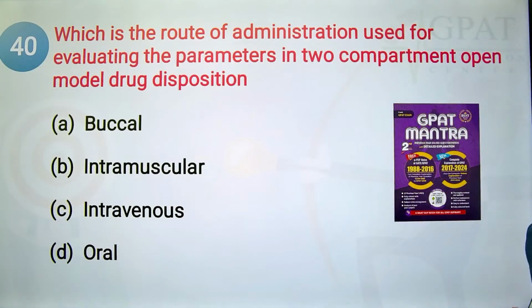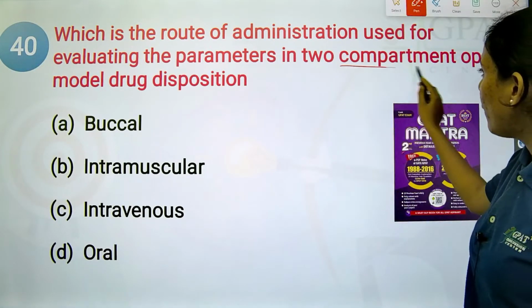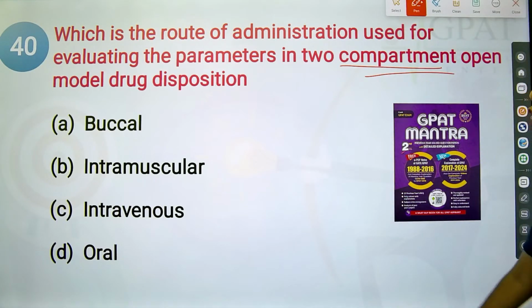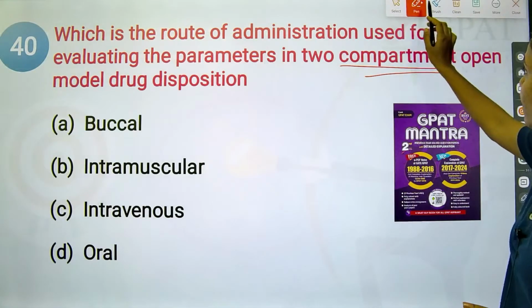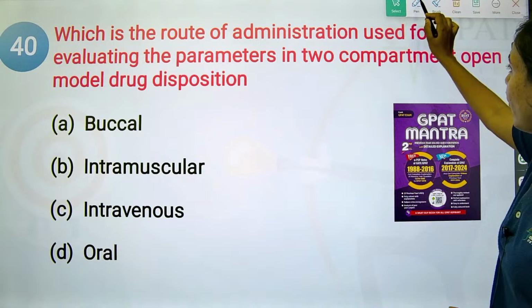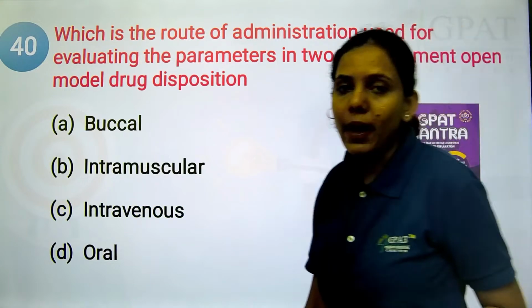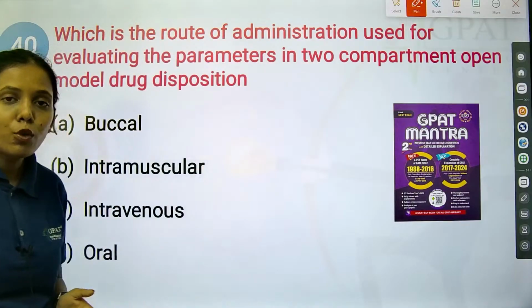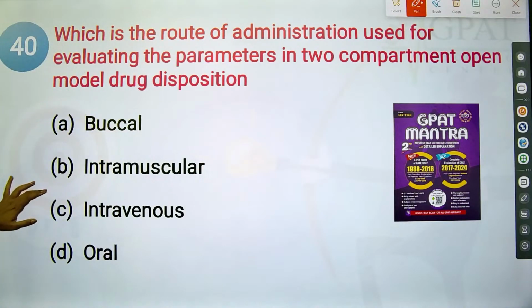What is the route of administration used for evaluating the parameters in a two-compartment open model drug disposition? Basically, when we talk about two compartments, it is the central and the peripheral compartment. The two compartment model happens in the case of intravenous.